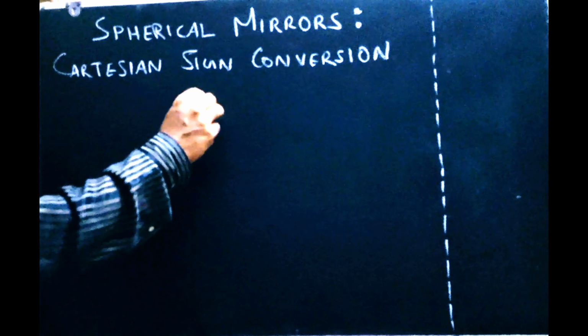The next one is P, I call it the pole. The next one is F, I call it the focus. So the line which is joining the center of curvature, focus and pole, I call the principal axis.